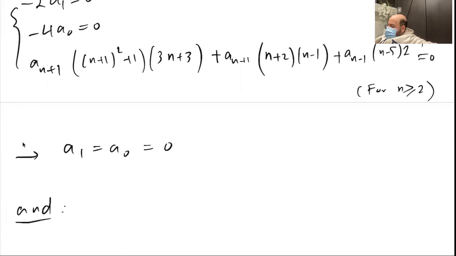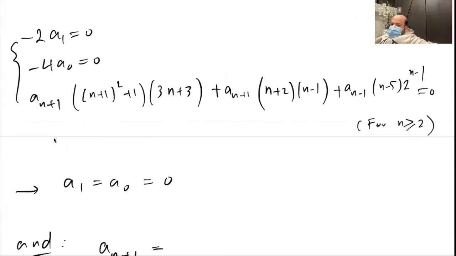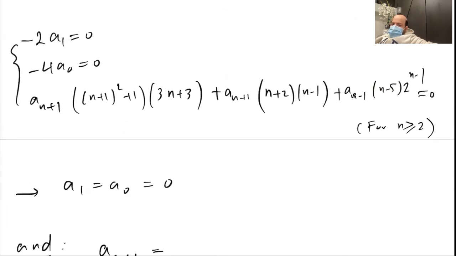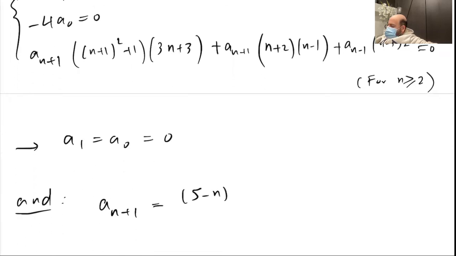And a n plus 1 equals, now in this equation, if I take this term to the right-hand side, it becomes 5 minus n times 2 to the power n minus 1, a n minus 1. I took this term to the right-hand side, and it gets an extra minus. And these two terms, I can factor out a n plus 1. So a n plus 1 times this plus this will be minus this term, which means a n plus 1 will be minus this term divided by this plus this.